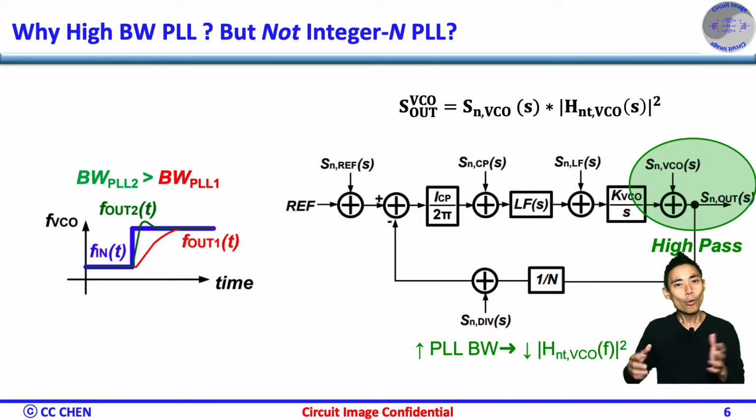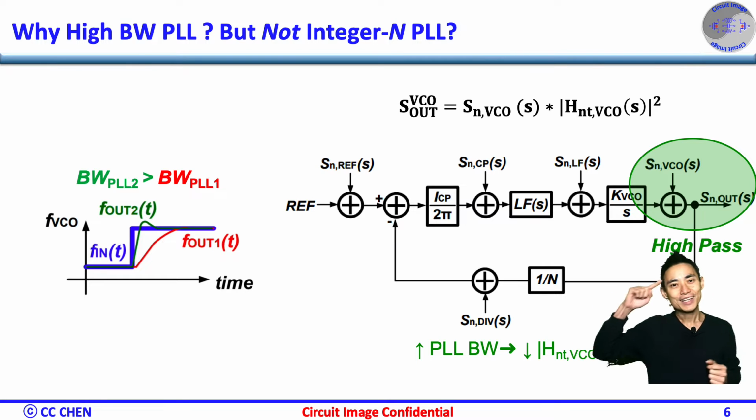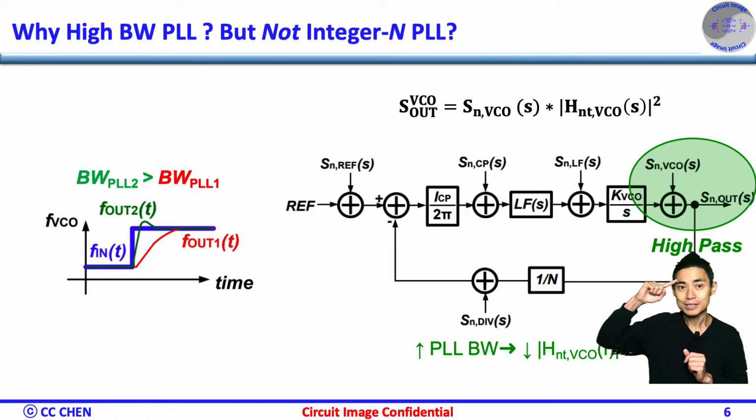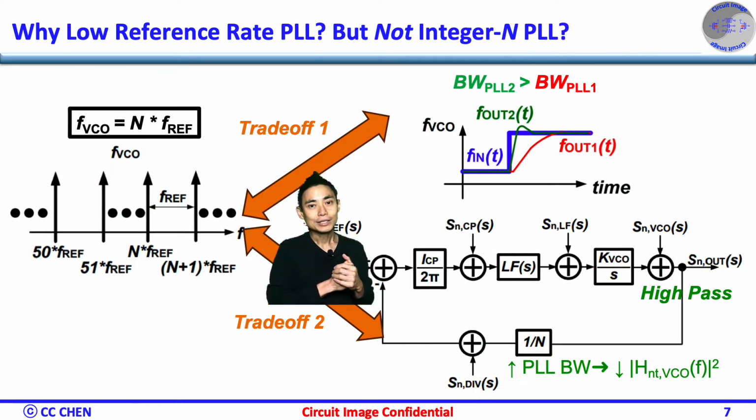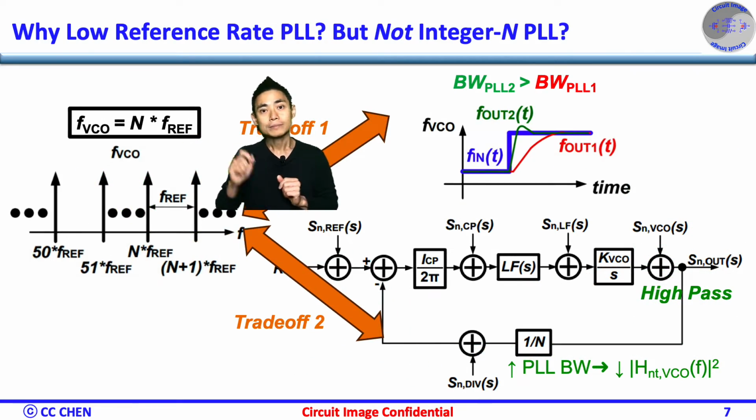But when do you need a low reference clock rate? Think about the output frequency image for 5 seconds. Right, you may need to have the target output frequency, which is N times F ref.